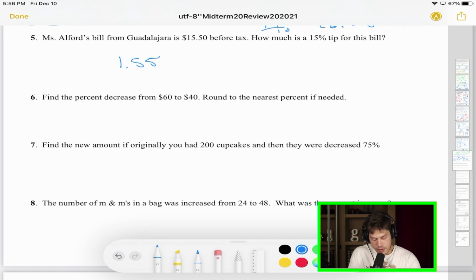Okay, what is a 15% tip? Well, we need to find 5%. So just like the last problem, we're going to divide this by 2. 2 goes into 15 7 times. Again, goes in 7 times.